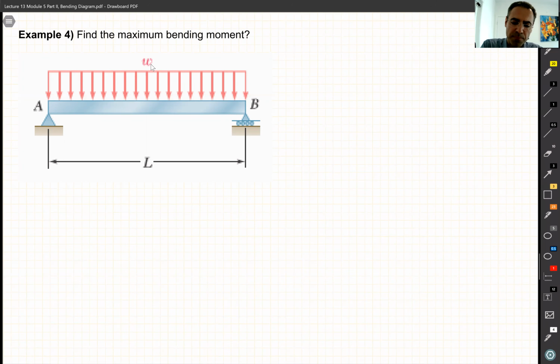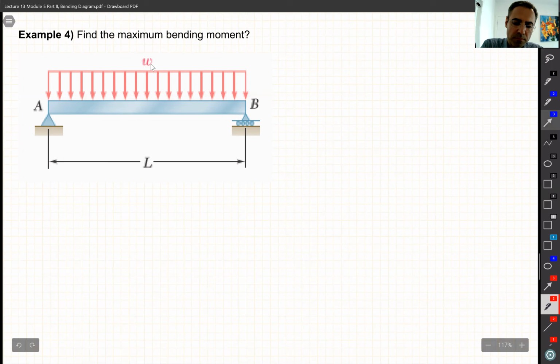So first step, we find the reactions at A and B. So let me draw the free body diagram next to it so the image doesn't get messy.